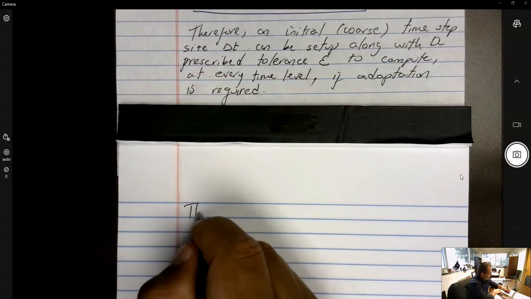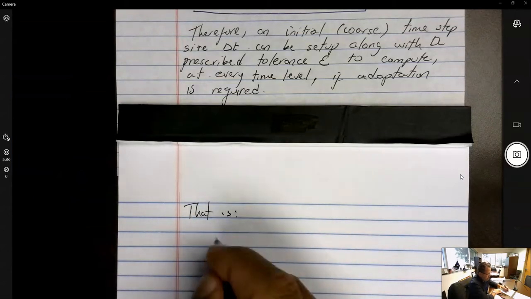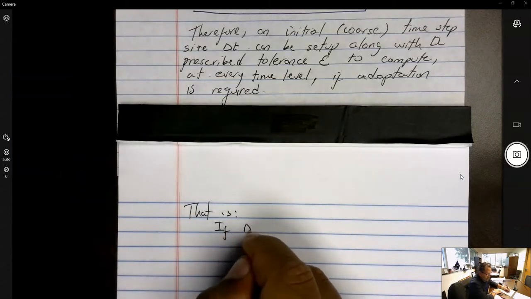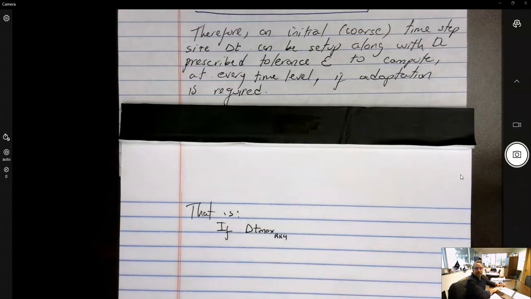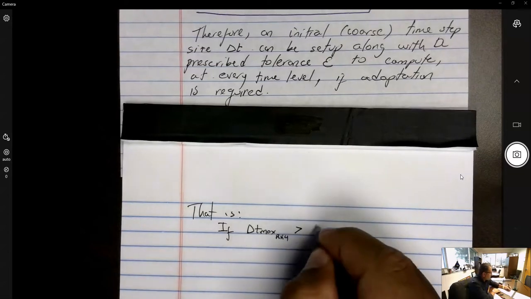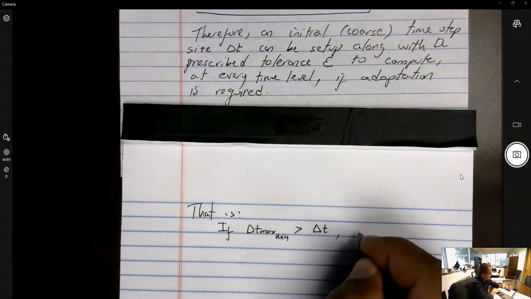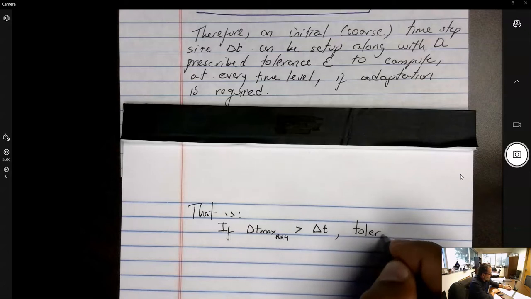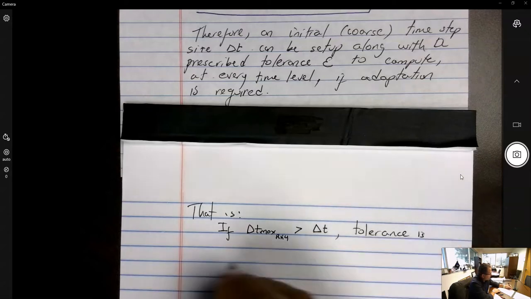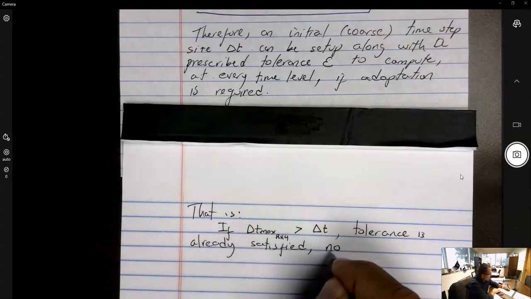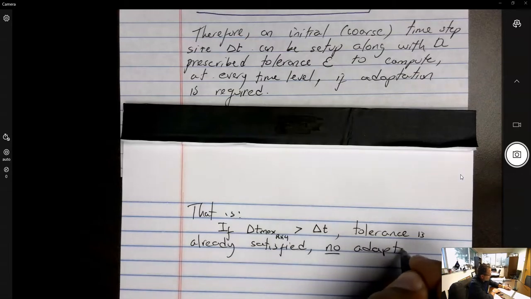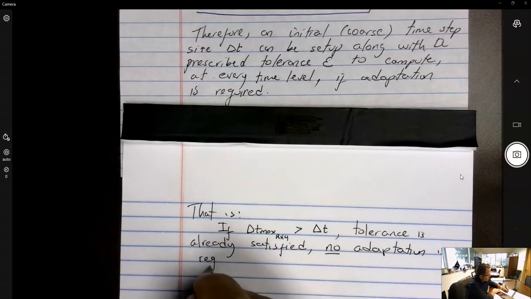That is, if delta t max of the RungeKutta 4 is greater than the delta t that you use, tolerance is already satisfied, no adaptation is required.